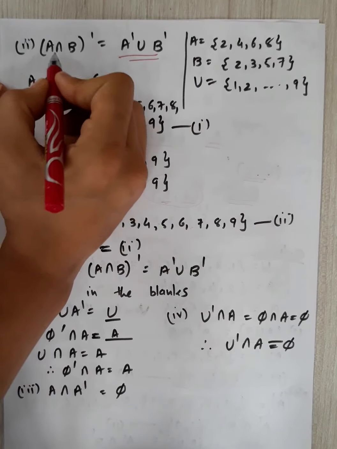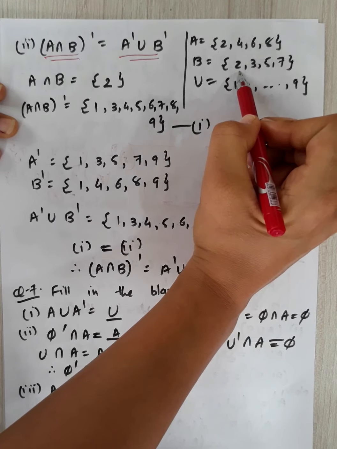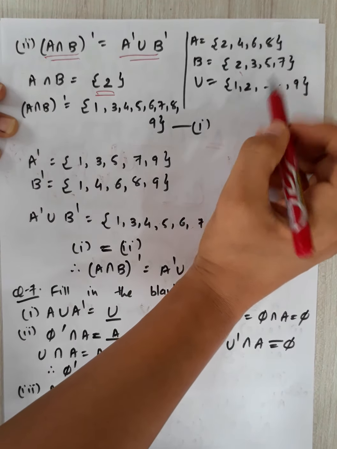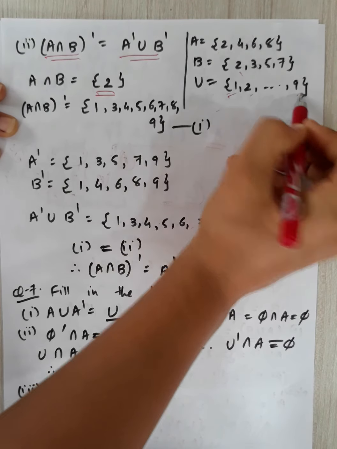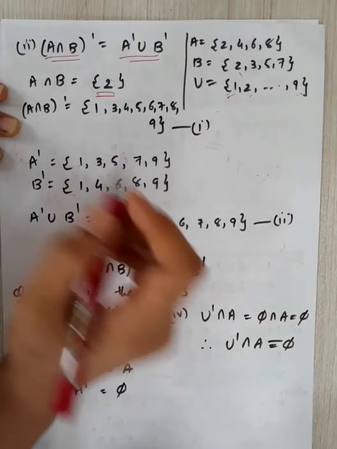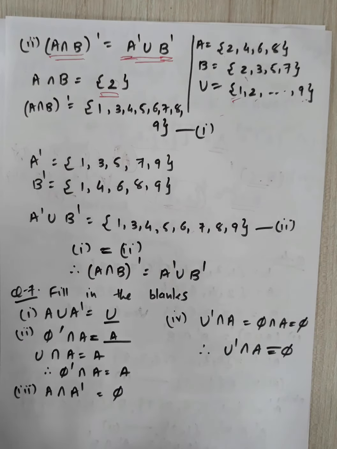Second De Morgan's law. First of all find A intersect B, which is 2. Now take the dash of it. Our U is 1 to 9. So apart from 2, you have to write down all the elements. Then second, A dash and B dash. A dash is 1 3 5 7 9 and B dash is 1 4 6 8 9.